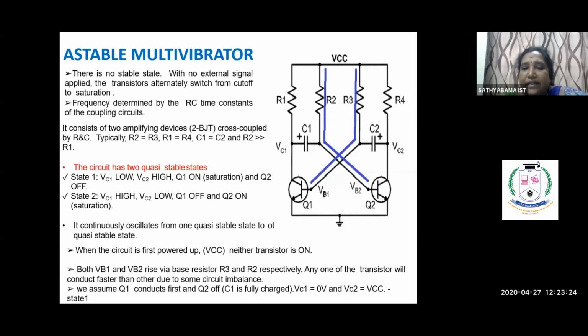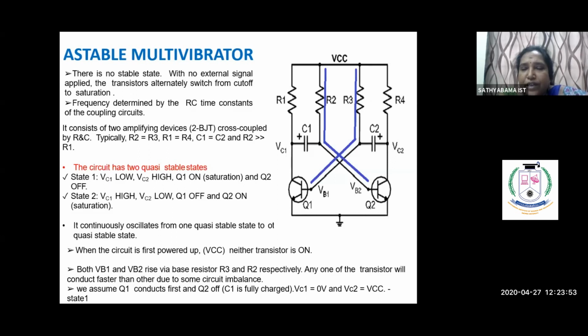In the output, we have connected resistance R1 for Q1 and R4 for Q2. Both are collector resistances. In some places it is mentioned as RC, or some other term like load.